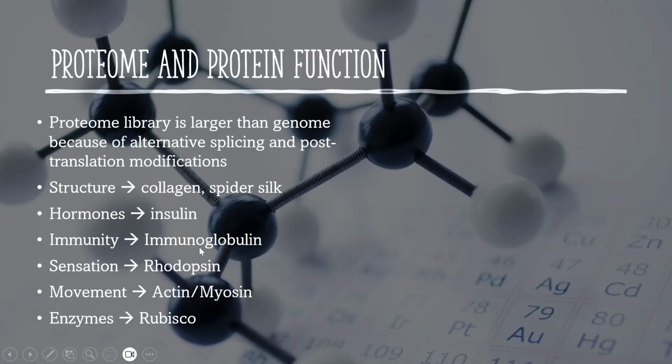So immunoglobulins, these are the BCRs or B cell receptors on the surface of B cells. So those are your different antibodies. You will have to know this for human physiology. Sensation: rhodopsin, and then you have actin and myosin. That's also something I think you have to know for human physiology.